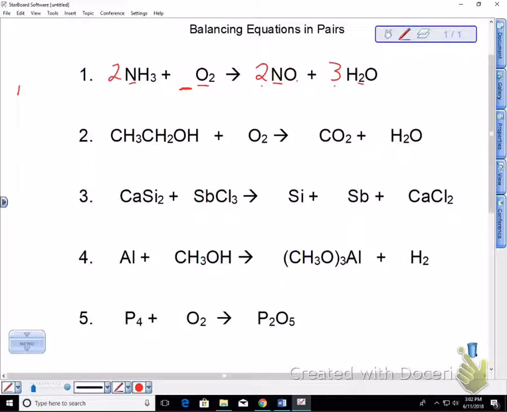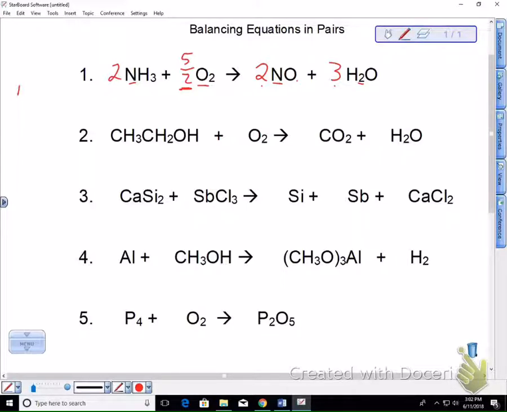What do I multiply times 2 to give me 5? And that answer is 5 halves. Whatever you need over the subscript will give you the number of oxygens you need. Okay, so now we have a balanced equation.